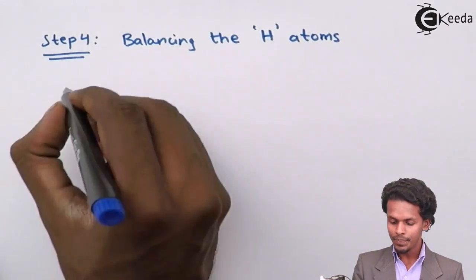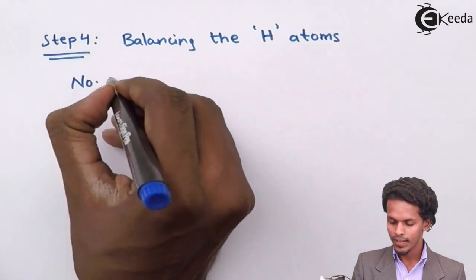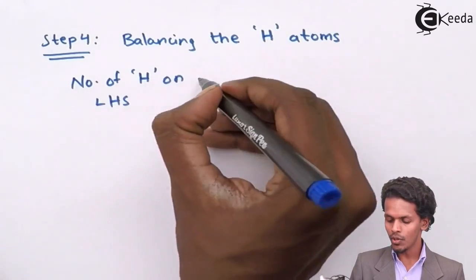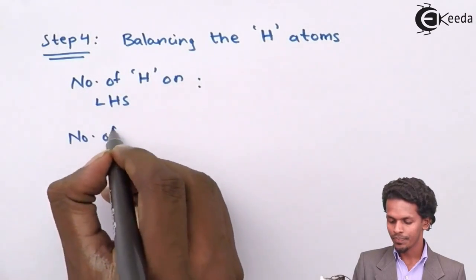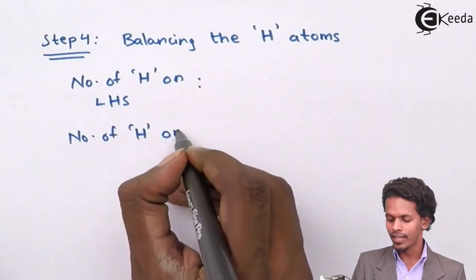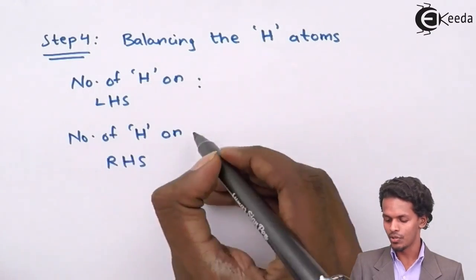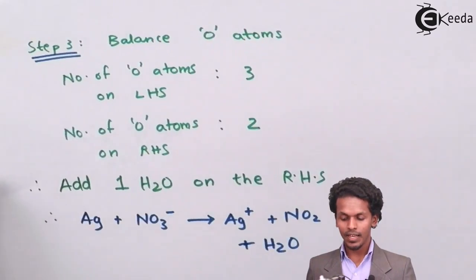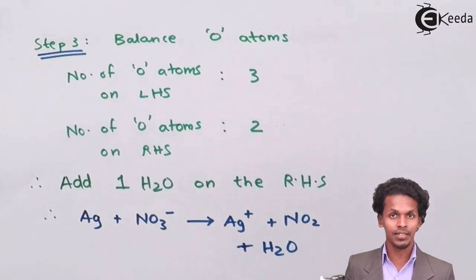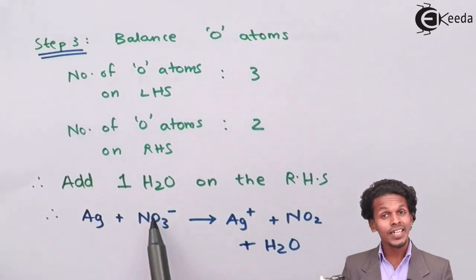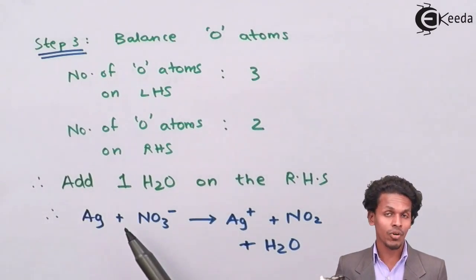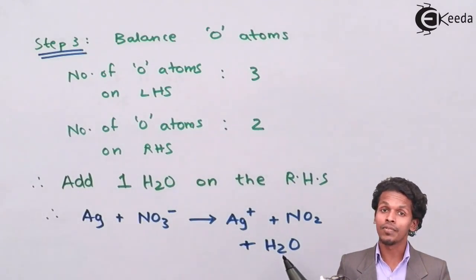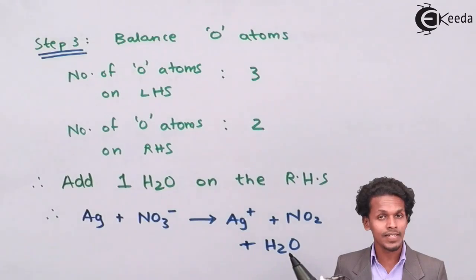On the left hand side, the number of hydrogen atoms should be equal to the number of hydrogen atoms on the right hand side, that is on the product side. The earlier equation that was balanced with the oxygen contains 0 hydrogen on the left hand side and 2 hydrogen on the right hand side, the product side.